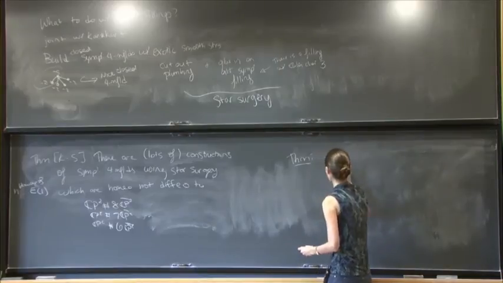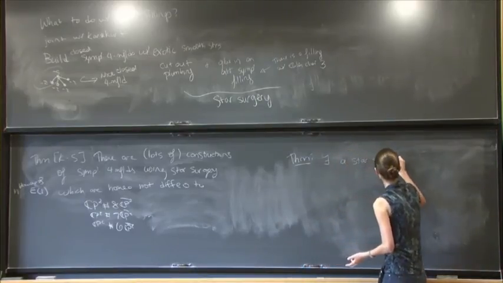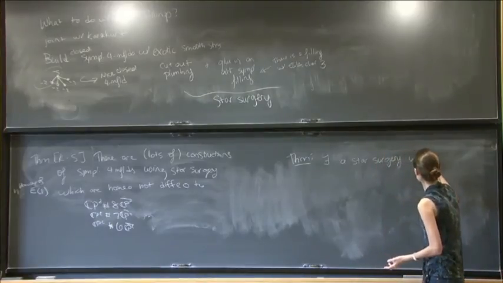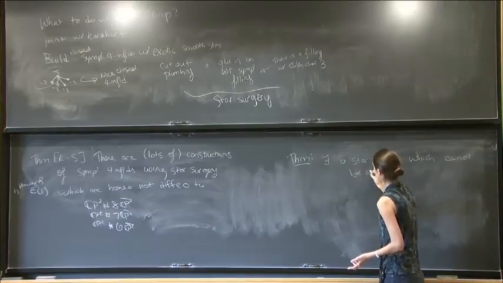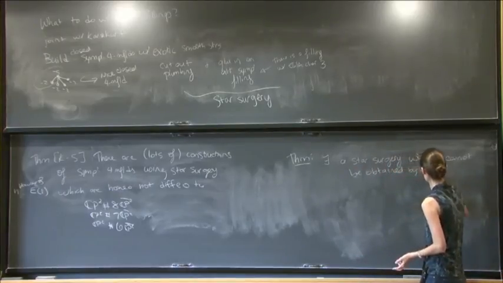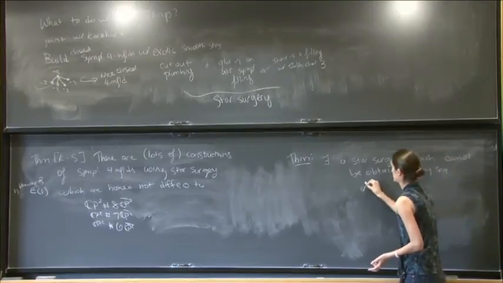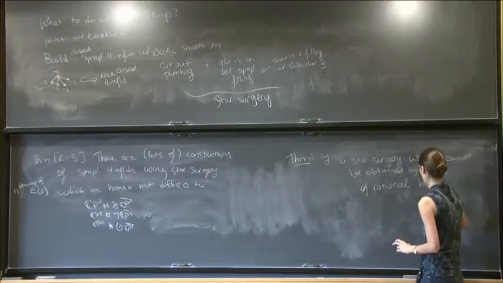So right now, what I can say is there exists one star surgery which cannot be obtained by any sequence of rational blowdowns, in whatever most general sense you can think of for rational blowdowns.